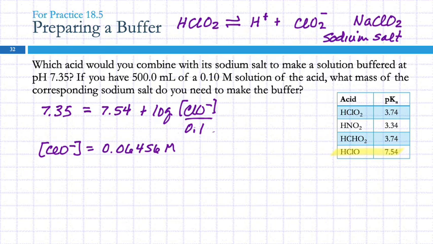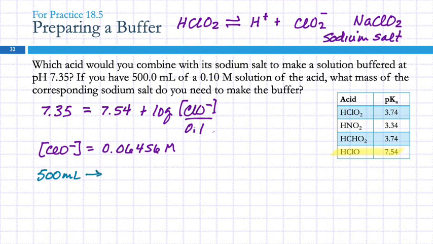So don't pull out the dilution equation or anything like that. Just use dimensional analysis. We're just going to convert units. What they gave us is the volume. So the volume is 500 milliliters.